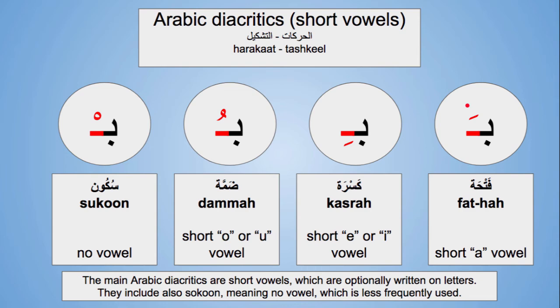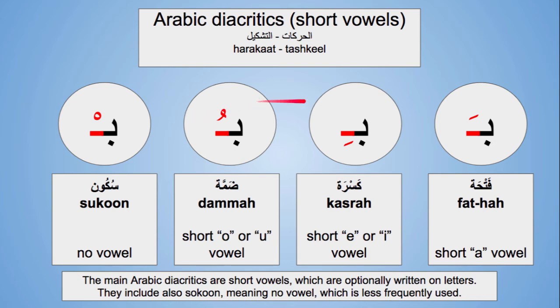The diacritic called fatha, we add it to the letter, so it becomes ba, and then kasra, we add it to the letter, it becomes bi, and then dhamma, we add it to the letter, it becomes bu, and then sukoon, we add it to indicate that there is no actual vowel coming after it.